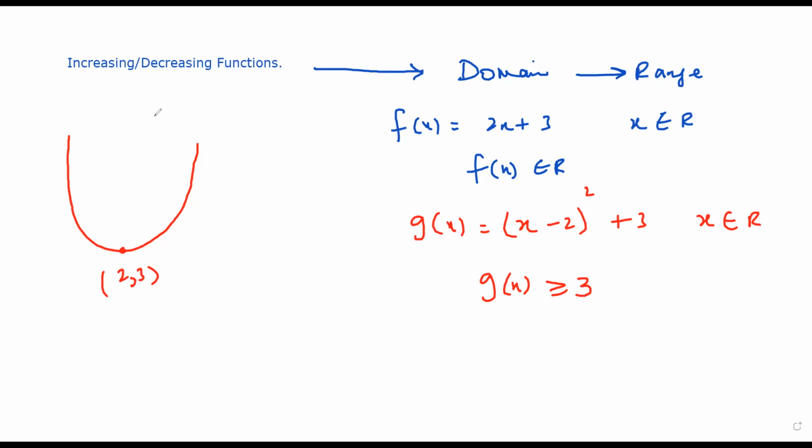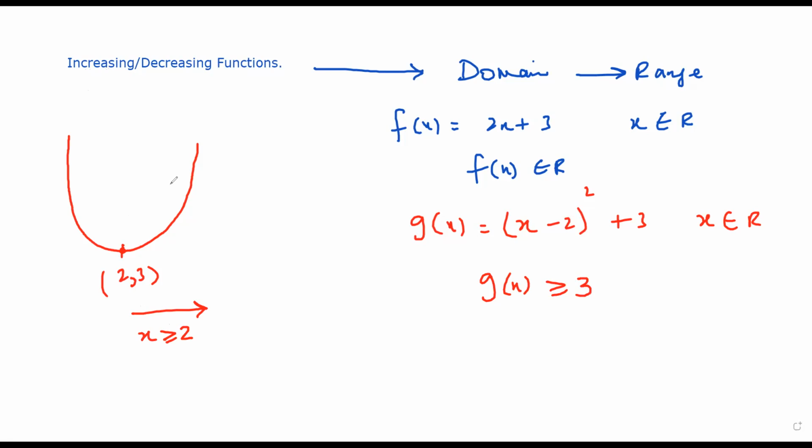Now we have to see whether your function is increasing or decreasing for the given set of values of x. For instance, let's take values of x greater than or equal to 2. What do you think of this function?